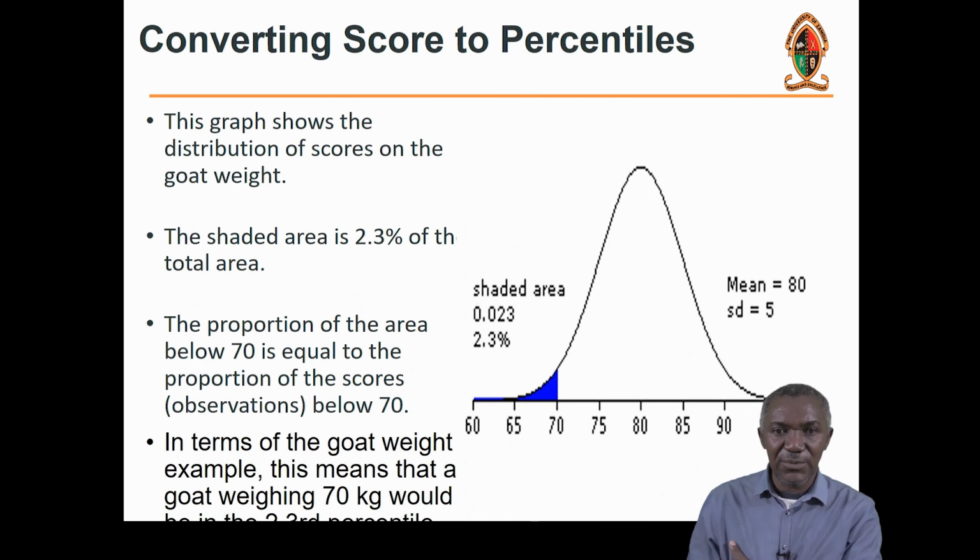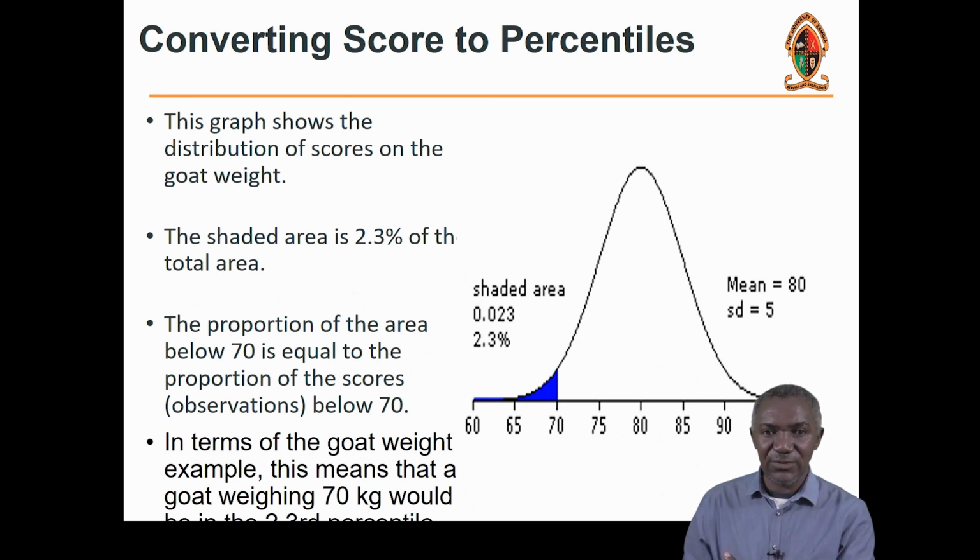So this is what we've been talking about. In the previous case, the goat was weighing 70 kg. We subtracted, and we found that this particular goat falls on the 1.3 percentile rank.